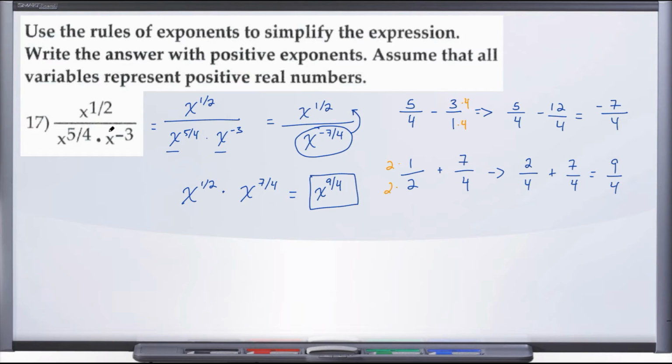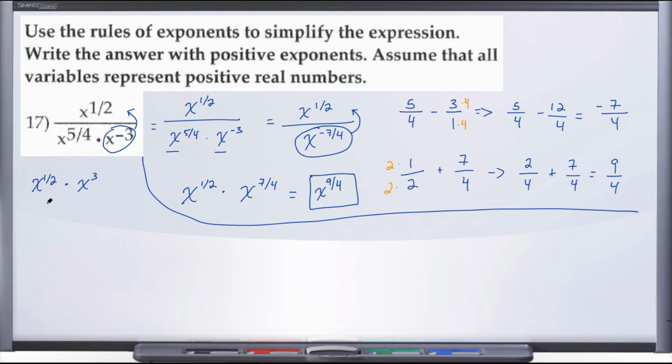Or what you can do is right away, you can go ahead and take this negative exponent and move it up to the numerator. Let me go ahead and section that off a little bit. So if we moved that -3 up, what we end up with is x to the 1/2 times now x to the +3 over x to the 5/2.